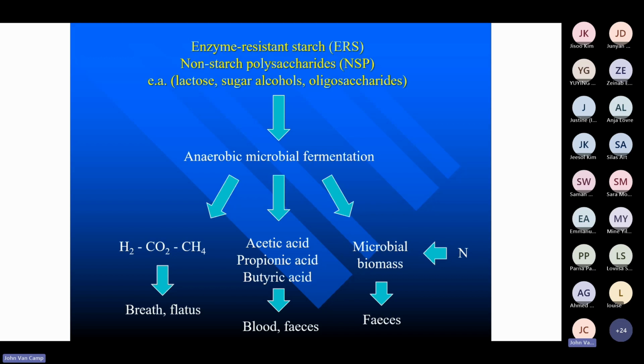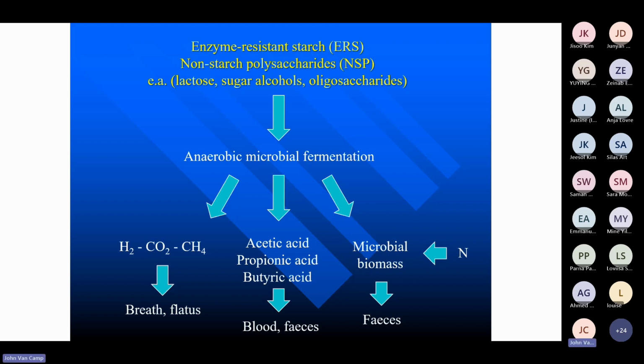So in principle, it should be broken down. But in special conditions, I already gave you one example, the raw potato. The raw potato contains starch, but the starch is not accessible. So it's physically entrapped in the middle part of the cell, and the enzymes can't reach it.